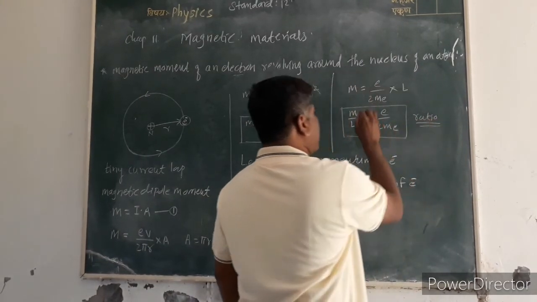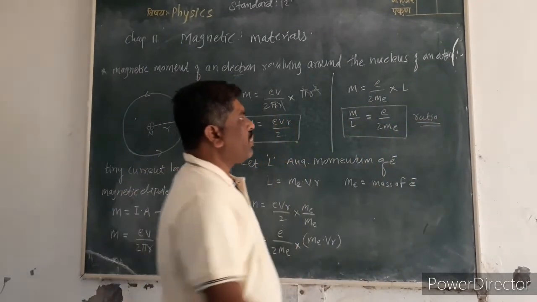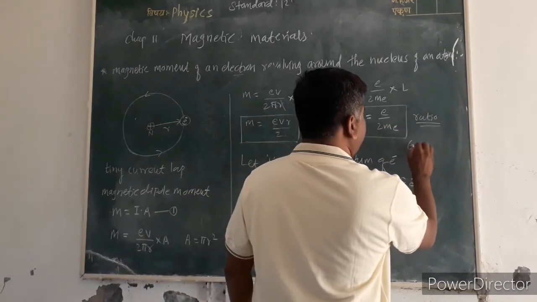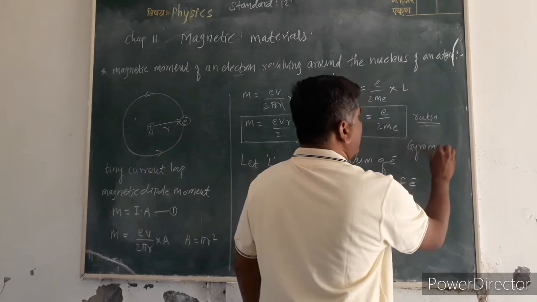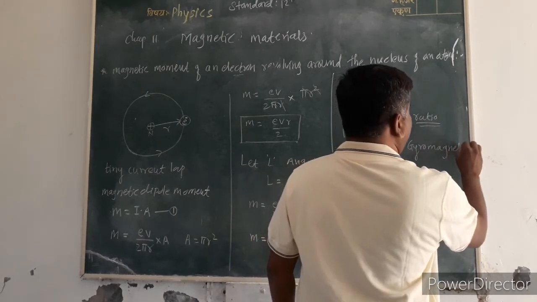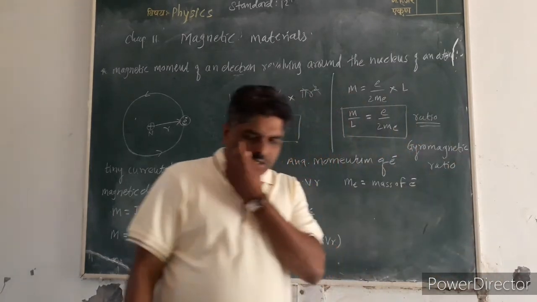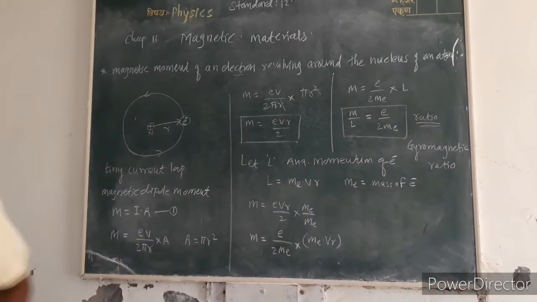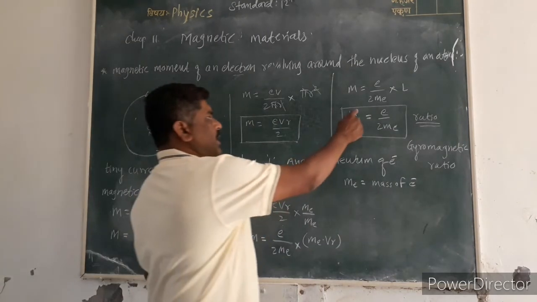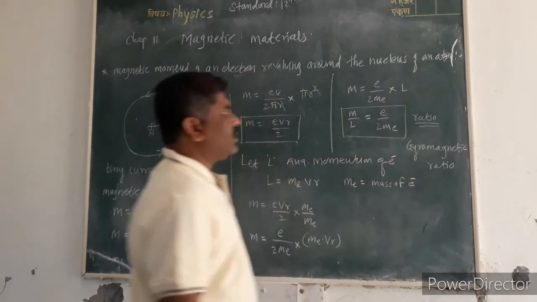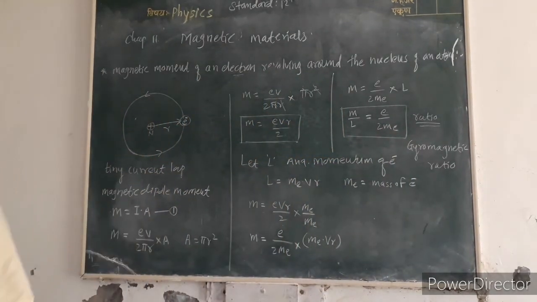The ratio M upon L, or e upon 2 m_e, is called the gyromagnetic ratio.